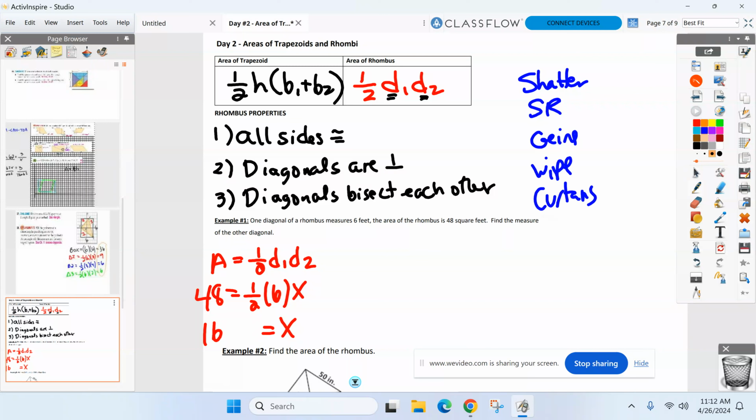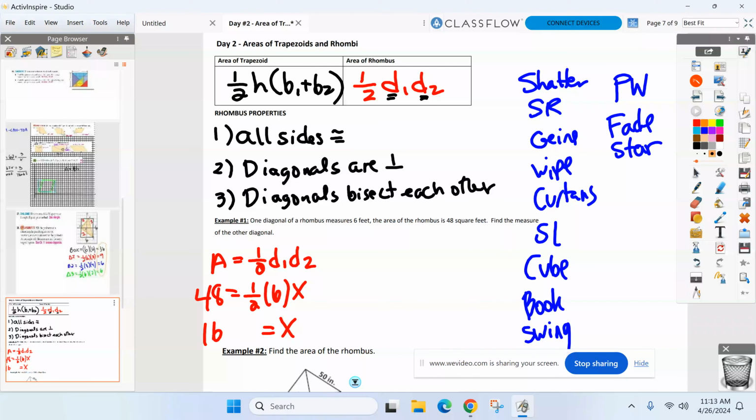Slide left. Cube. Swale. Sounds like one more.